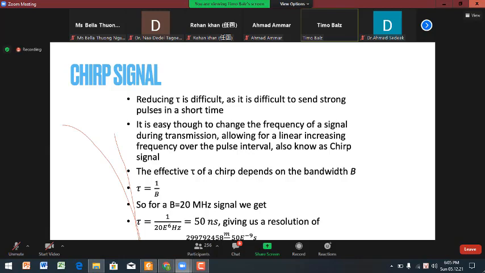That allows us to additionally analyze the frequency of the return signal. So we are looking at both the running time and the frequency of the signal, comparing the frequency we would expect at a given time to return.